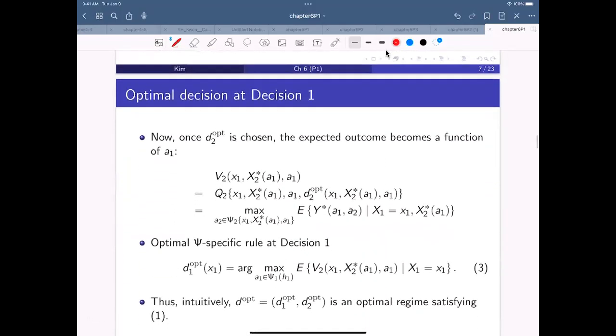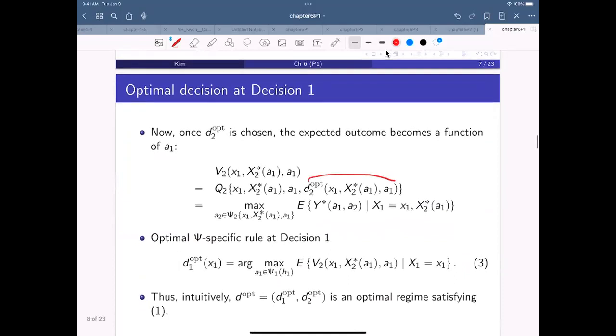So you choose the best A2 hat, which is the optimum of the Q2 function. Then you view the whole thing as a function of A1, and optimize over A1 to get D1.